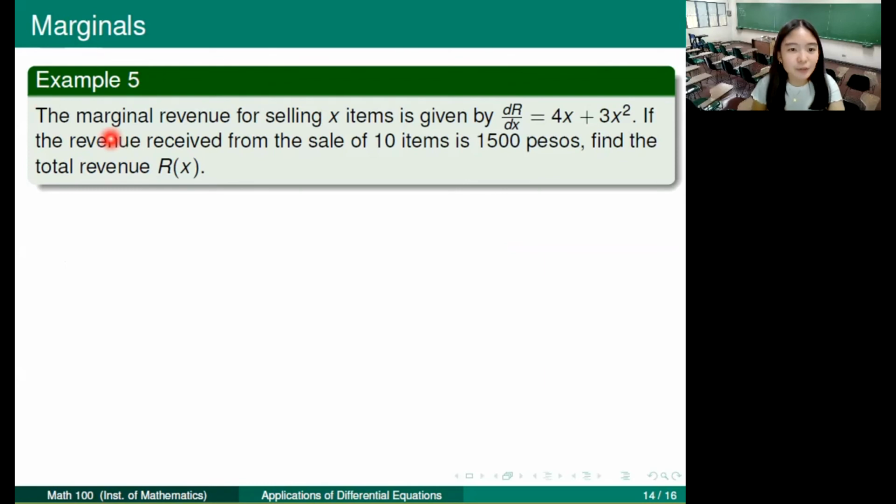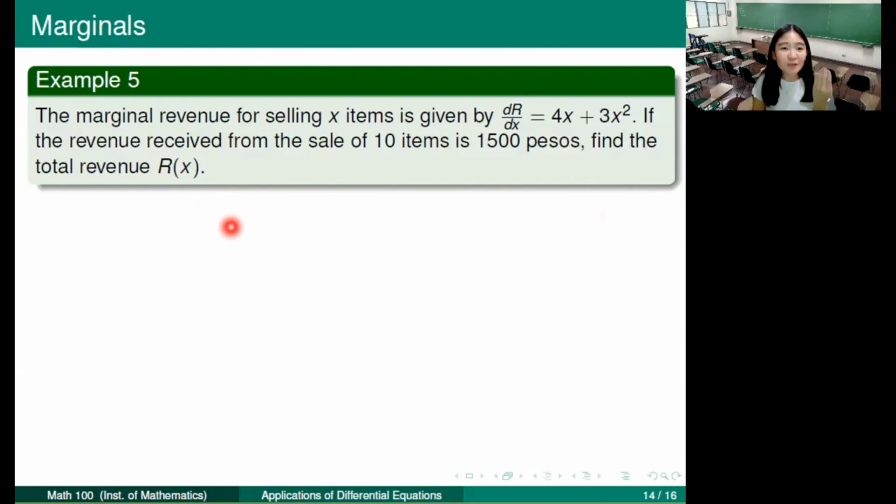I'll read my example 5. The marginal revenue for selling X items is given by dR over dx equals 4x plus 3x squared. If the revenue received from the sale of 10 items is 1,500 pesos, find the total revenue R of X.